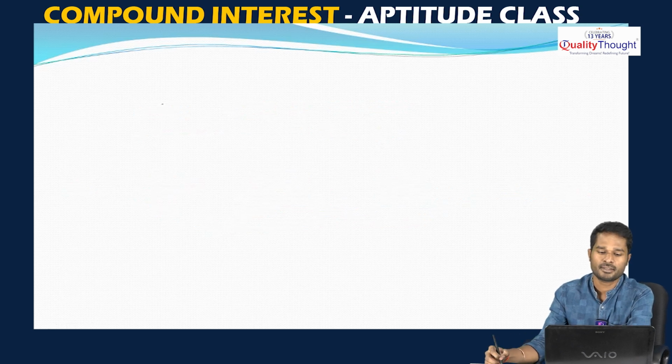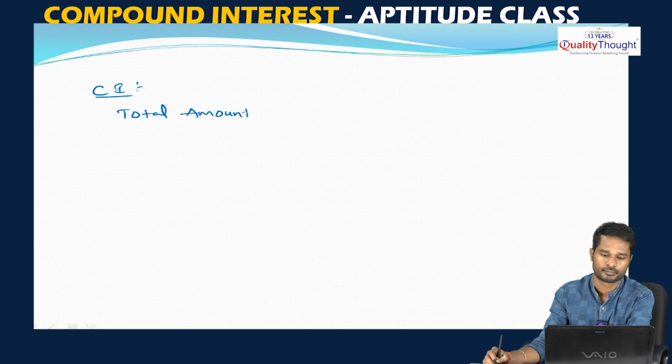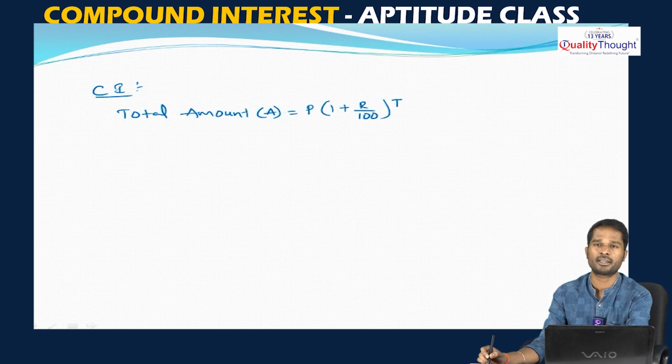Now see, in simple interest first we calculated the interest, then we calculated the total amount. In compound interest first we will calculate the total amount. So the total amount A is P into (1 plus R by 100) whole power T. Here P is the principal amount, R is the rate of interest and T is the time period.